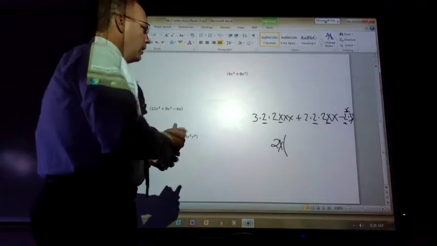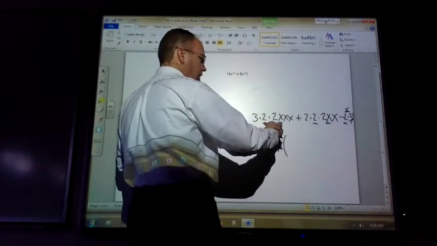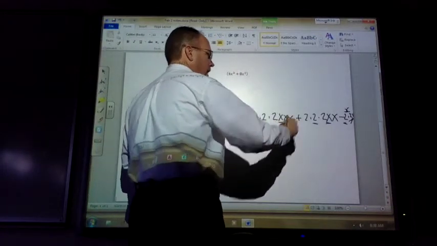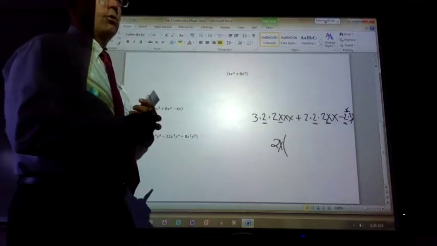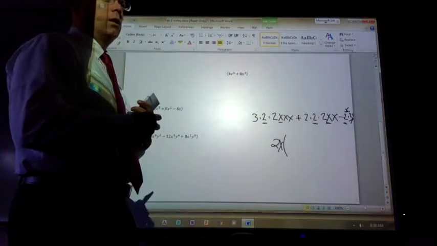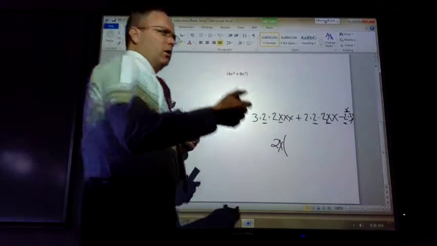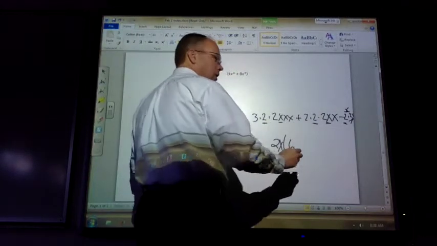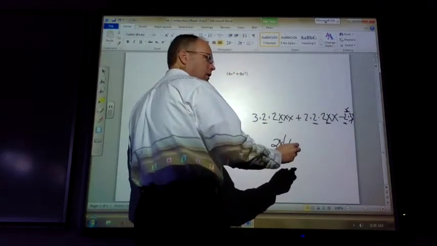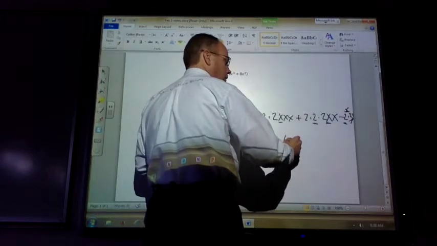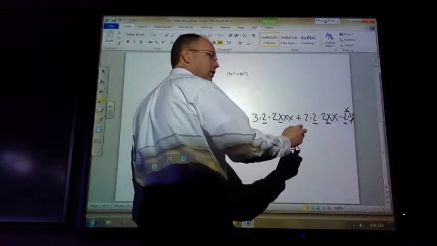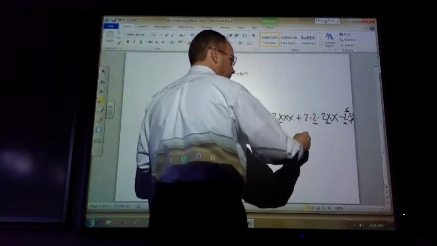George, if I factored out 2X out of here, I have 3, 2, X, X. So what would that be if I put it back together? 3 times 2 is 6, and then XX is X squared.